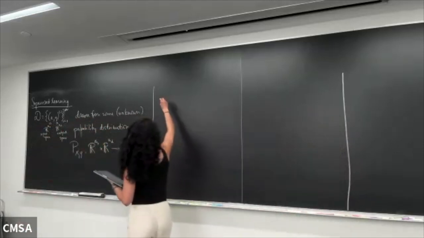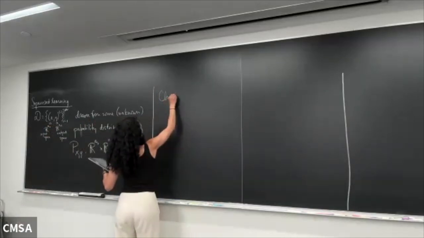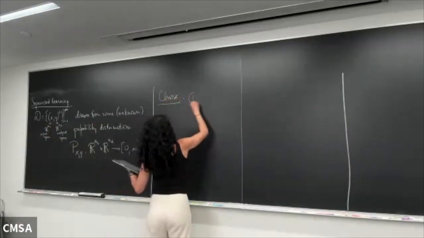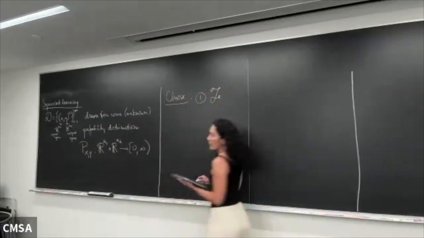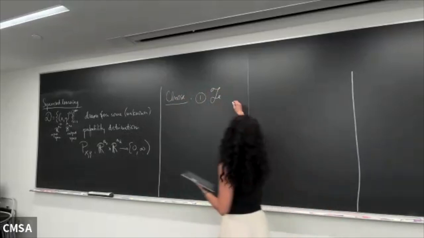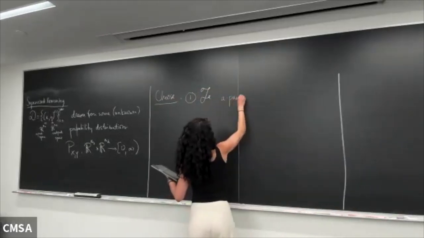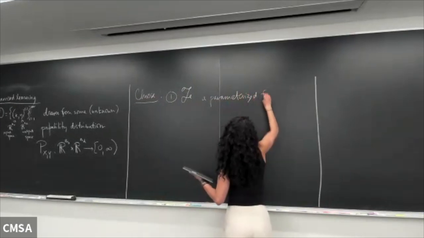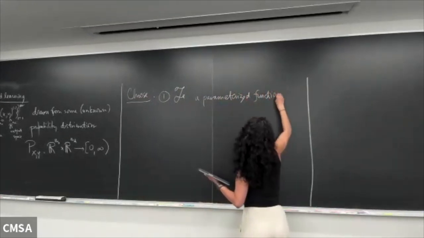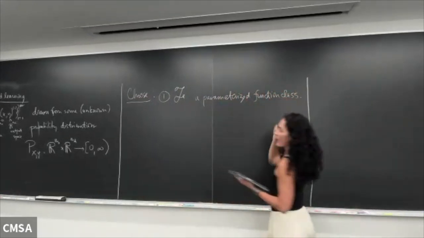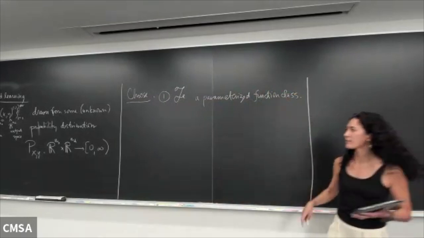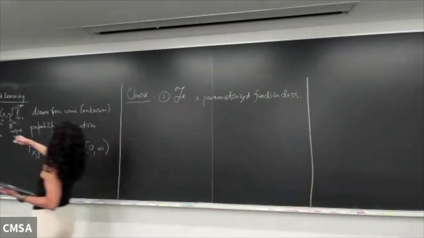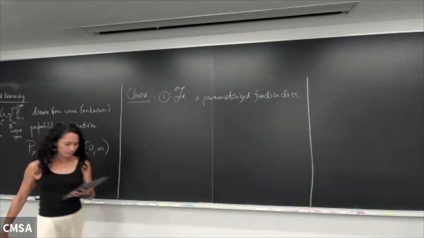So the way that this is typically done is that you choose, first of all, a parameterized function class. This is like your bag of functions from which you're drawing to find a function that predicts the output from the input.